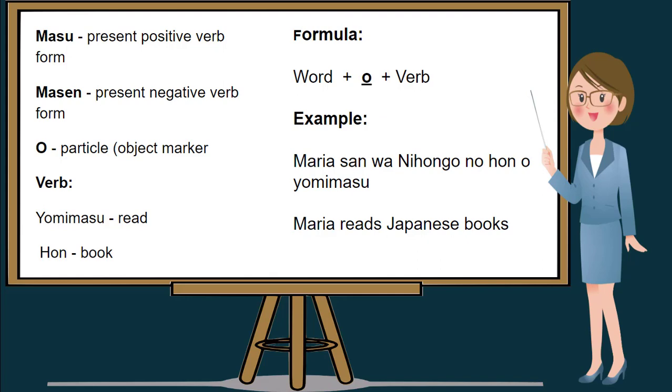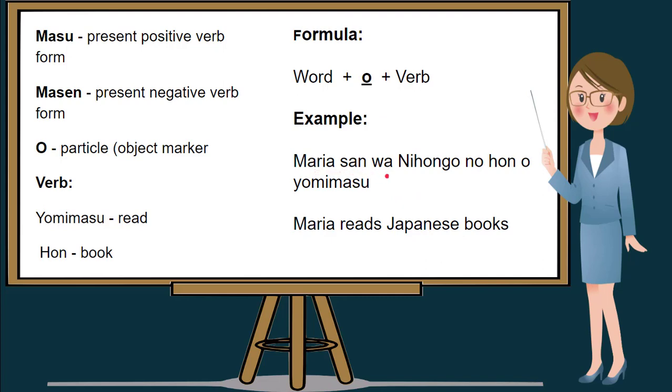So, let's try to read this sentence. Maria-san wa Nihongo no hon o yomimasu. Let's repeat. Maria-san wa Nihongo no hon o yomimasu. What does it mean in English? It means Maria reads Japanese books.